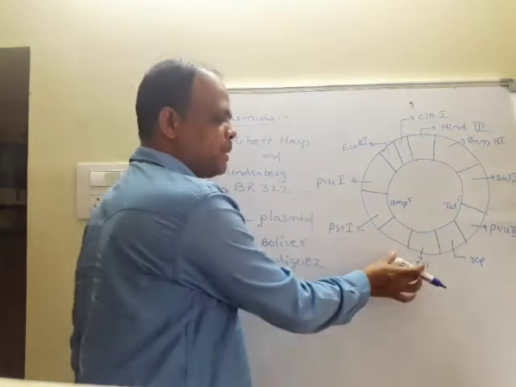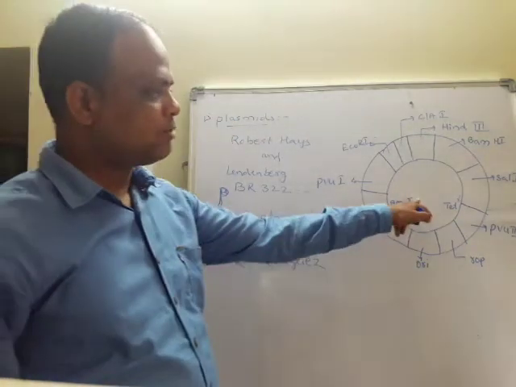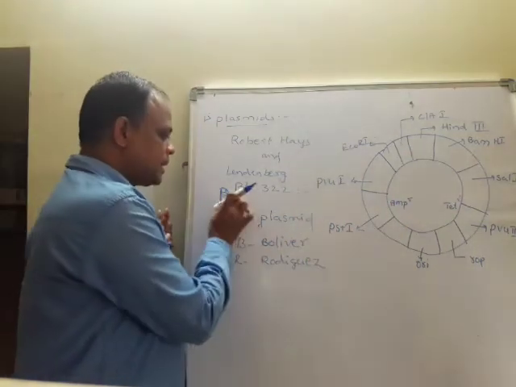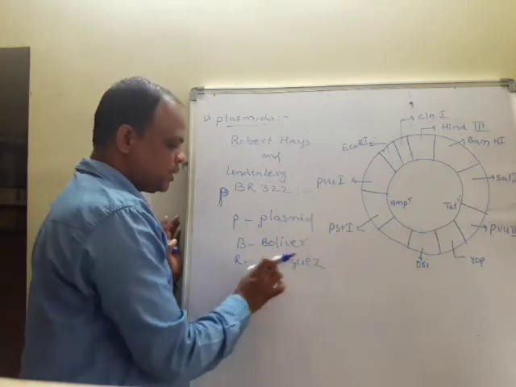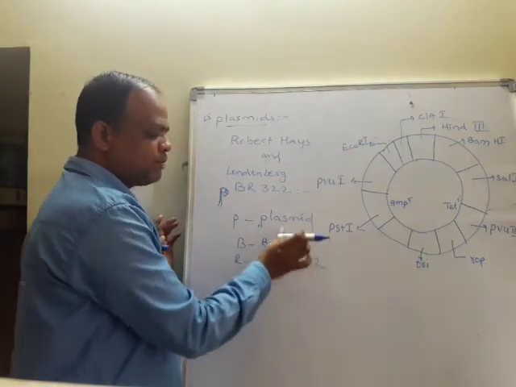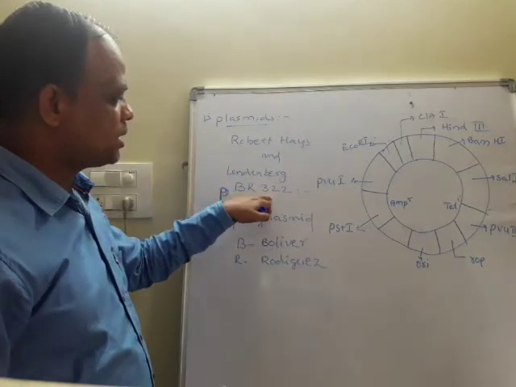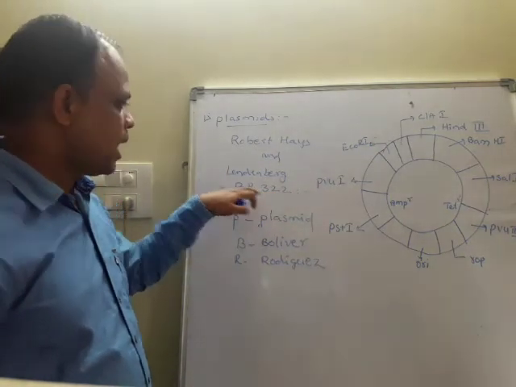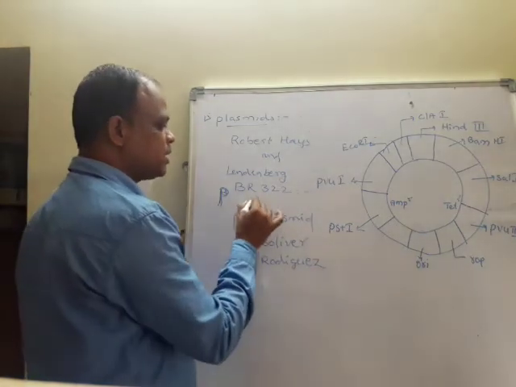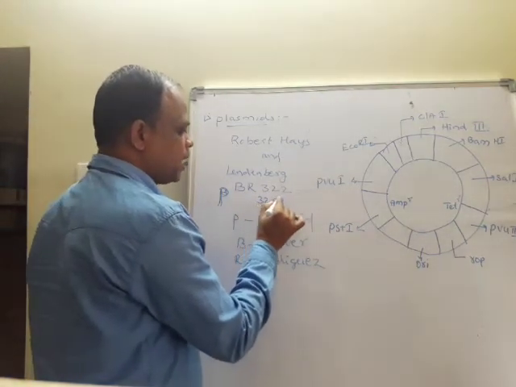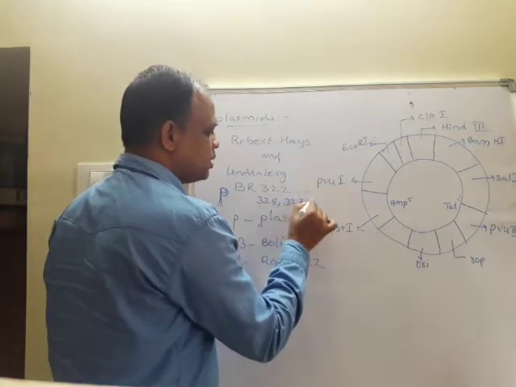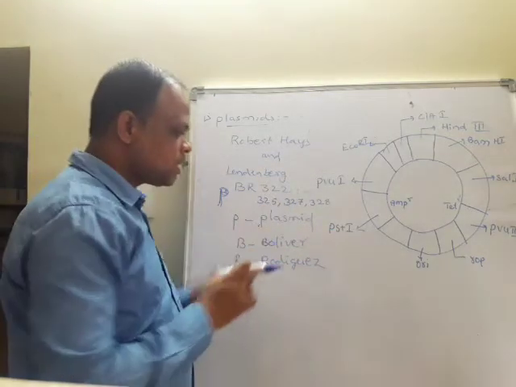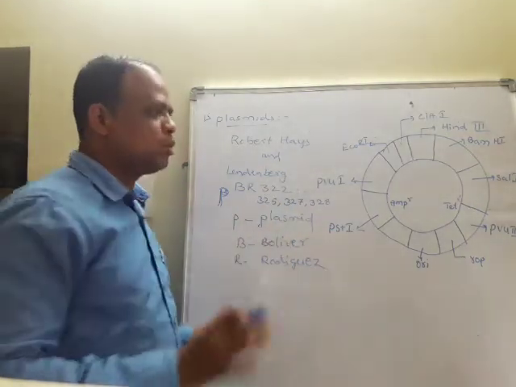This is based on the NCERT, the structure of the pBR322 plasmid. Both scientists developed 322. This is the serial number of the plasmid. These scientists also developed 325, 327, and 328. So these types of plasmids were developed by Bolivar and Rodriguez.